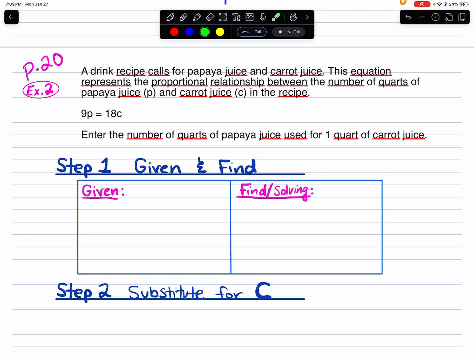All right. Let's see. A drink recipe calls for papaya juice and carrot juice. Cool. And I'll highlight them too. So papaya juice and carrot juice.